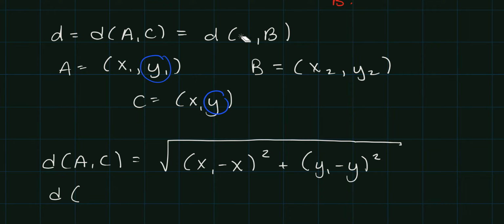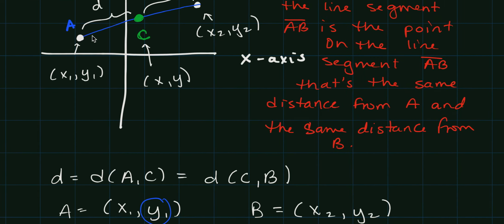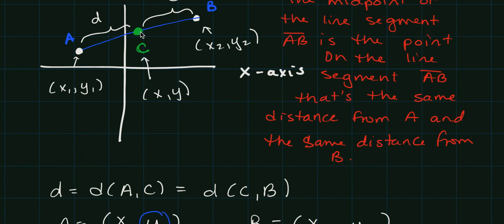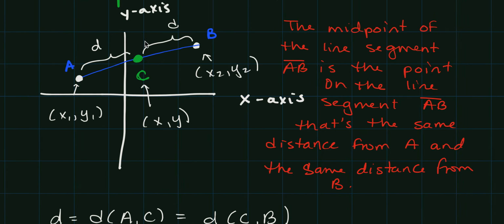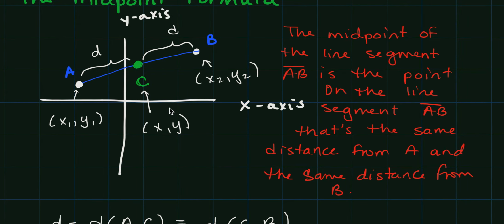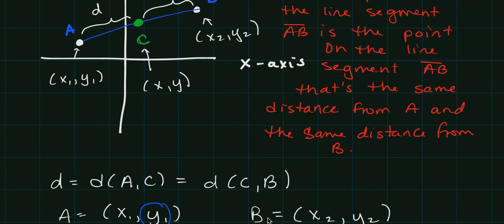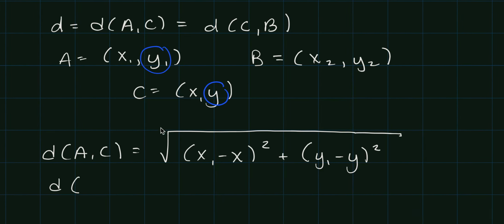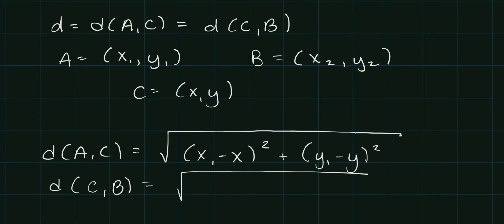this should be between C and B, because we want this distance from A to C to be the same thing as from C to B. So we want this length to be the same. So we need to figure out the distance between C and B. So the distance between C and B is equal to the square root. I'm going to do exactly what I did before.